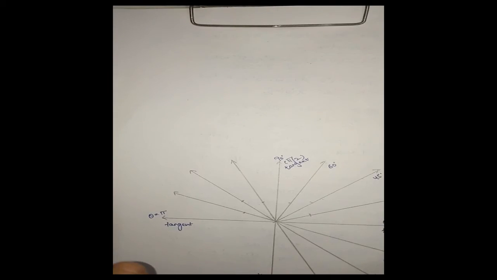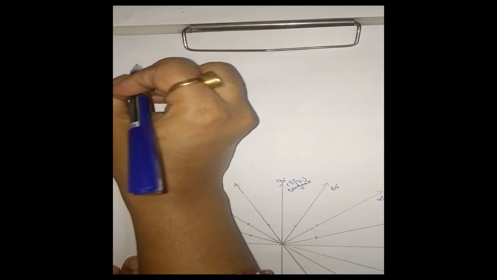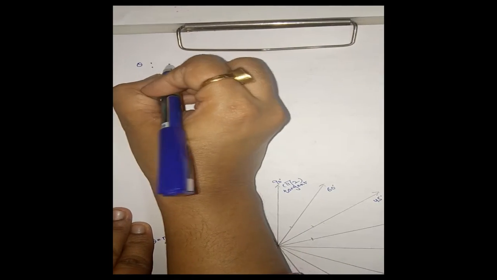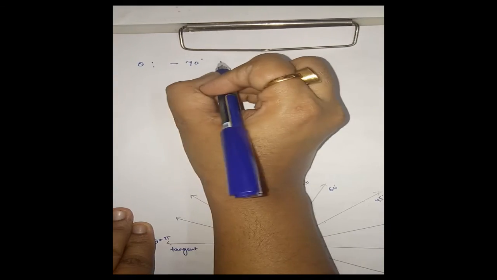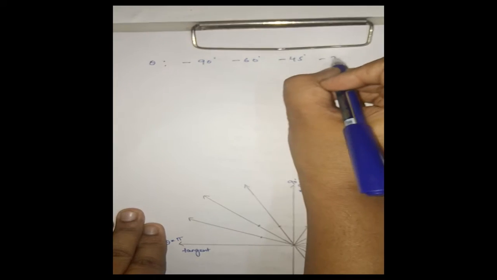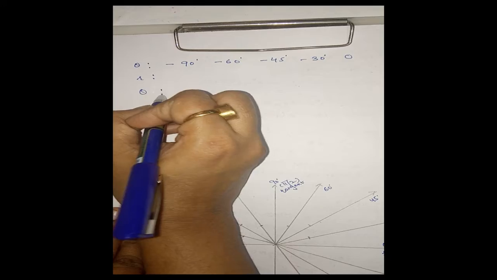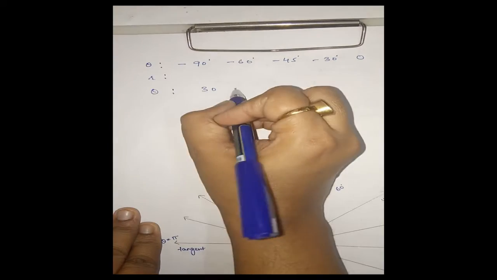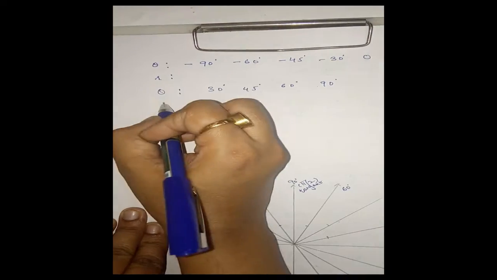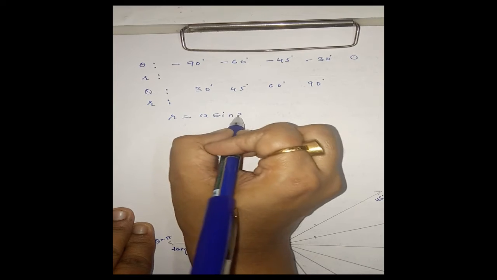Now we will make the table. When theta is equal to minus 90, minus 60, minus 45, minus 30, 0, 30, 45, 60 and 90 degrees, r is equal to a sine 2 theta.